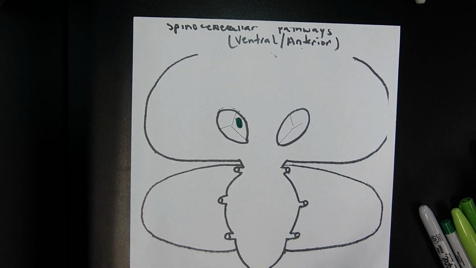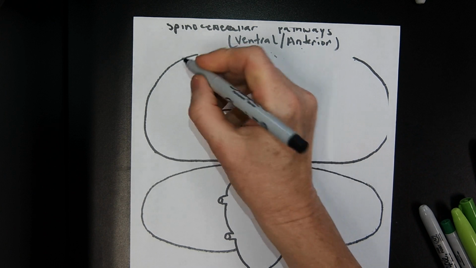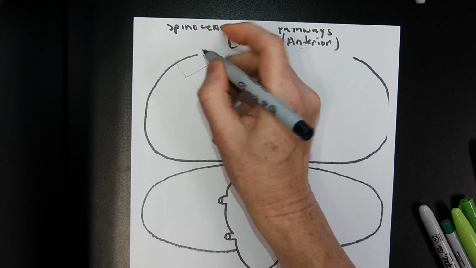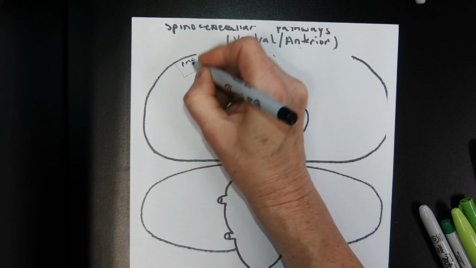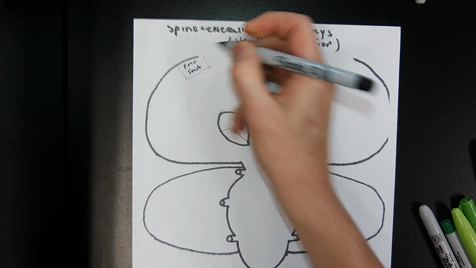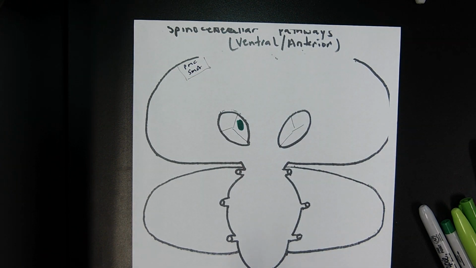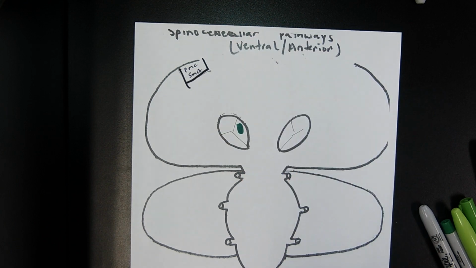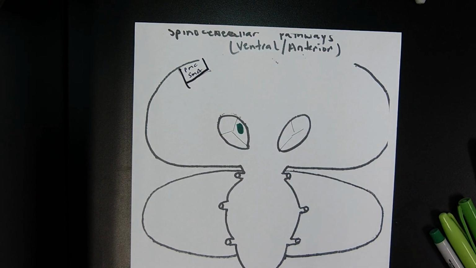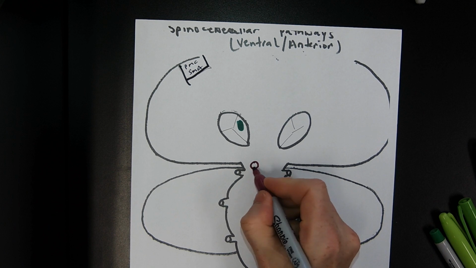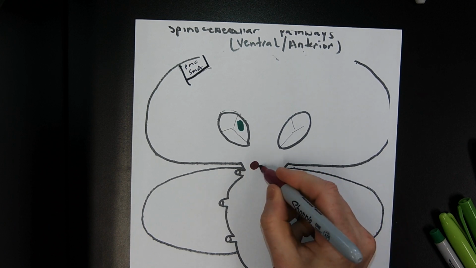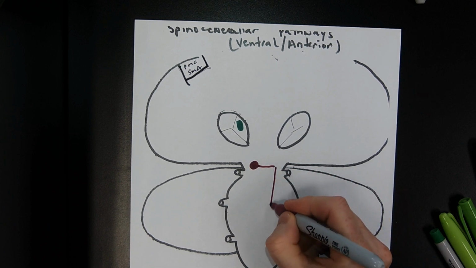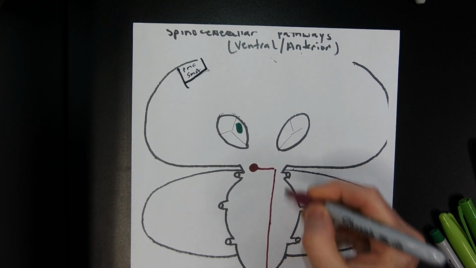I have information that's going to be conveyed up here to the premotor cortex and the supplementary motor area. I have my red nucleus sitting here in the midbrain. It's going to decussate immediately and come down. Makes the rubrospinal tract.